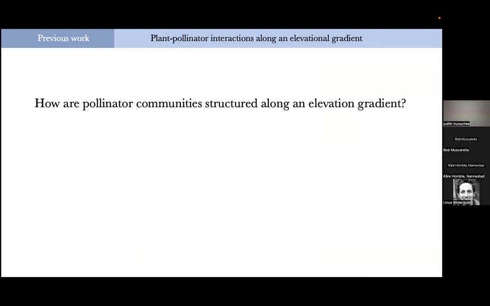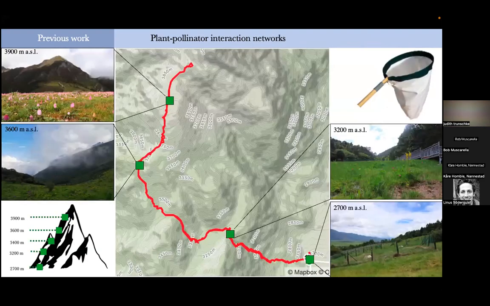So then my colleague investigated previously how these pollinator communities are structured across the elevation gradient. So are bumblebees specifically abundant in high elevations, or are they occurring across the entire range? And for this, we chose different field sites along this mountain, again, ranging from low elevation, 2,700 meters, up to 3,900 meters.